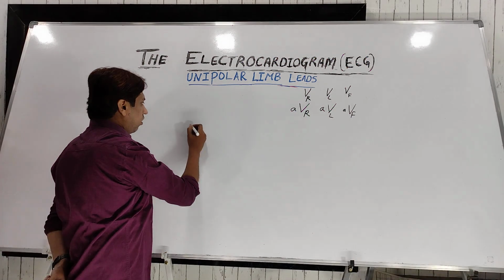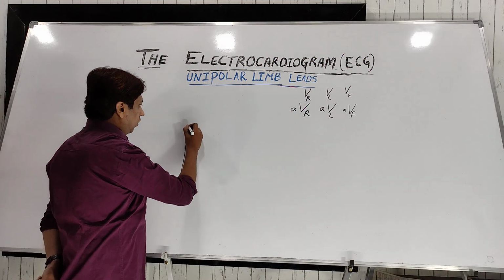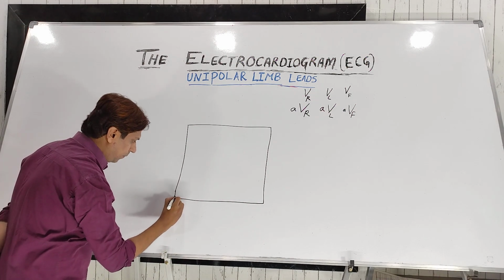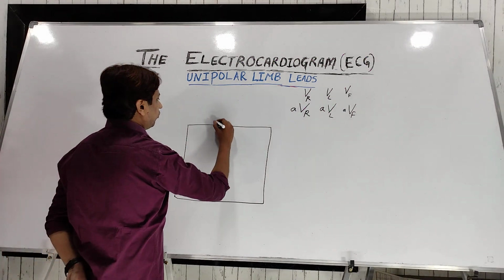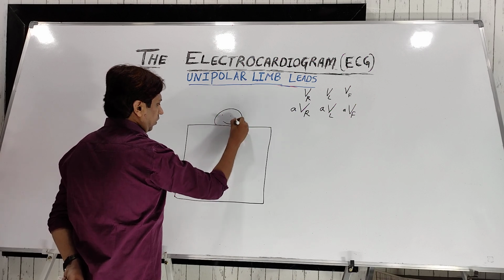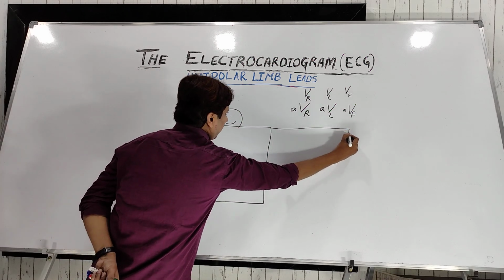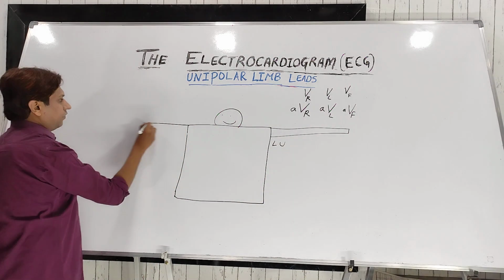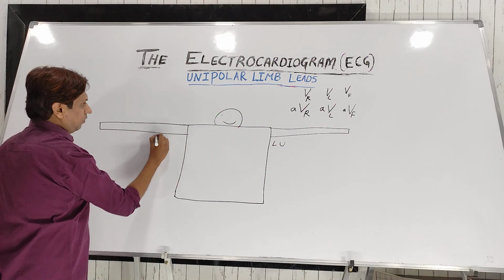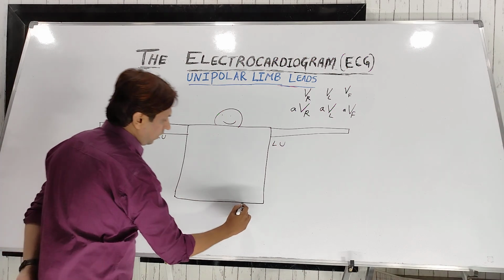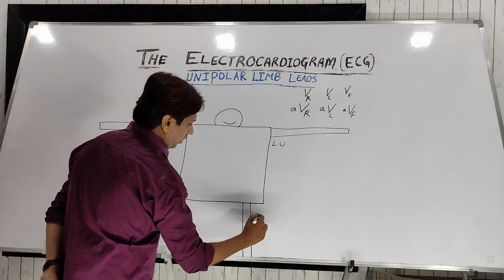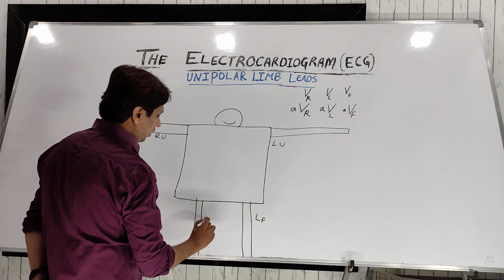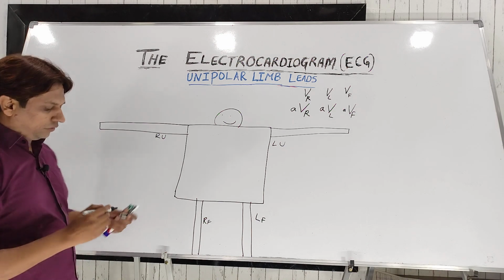Again I'll draw a line diagram of a normal person and how the electrodes are placed. Consider this as the left upper limb and this as the right upper limb, and this is the left foot or left lower limb and the right foot or right lower limb.